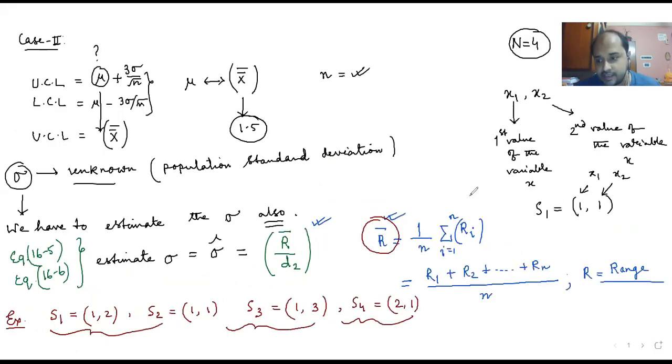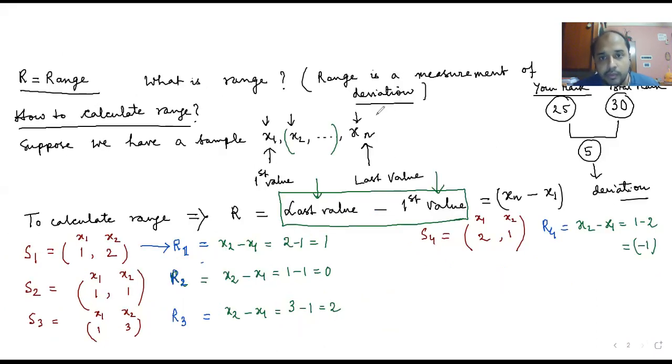Let's see. Now, what will be R bar? R bar will be the arithmetic mean of these values. So R1 plus R2 plus R3 plus R4 divided by how many R's are there? 4 R's are there, so we write 4 over here. What is the value of R1?